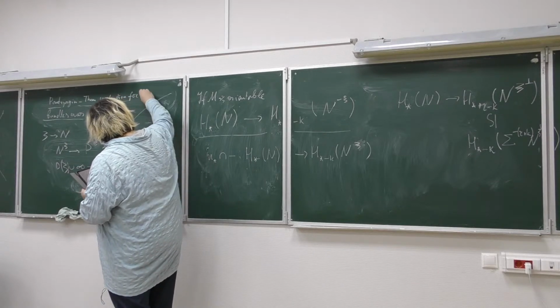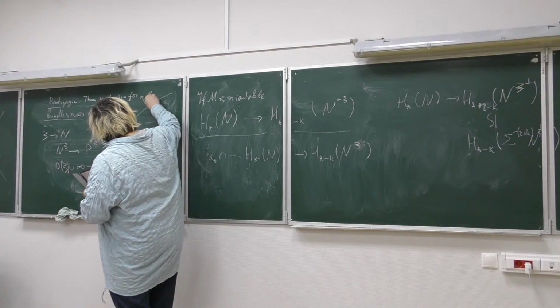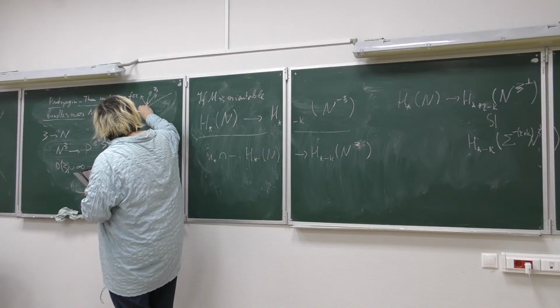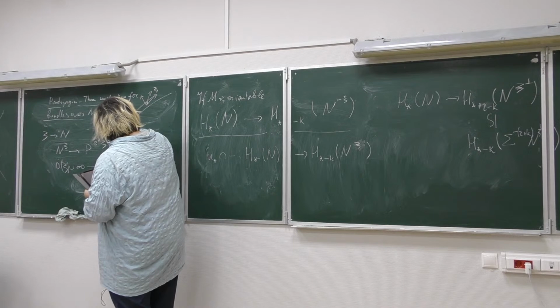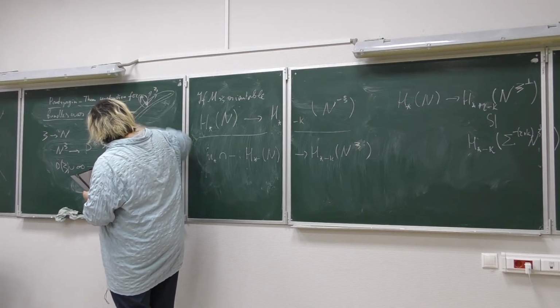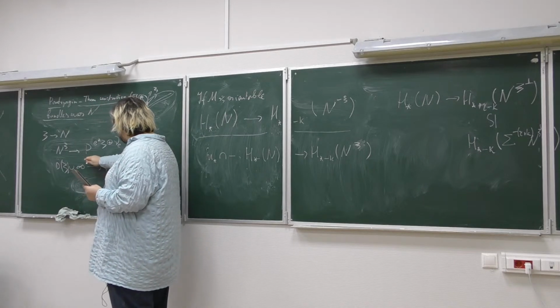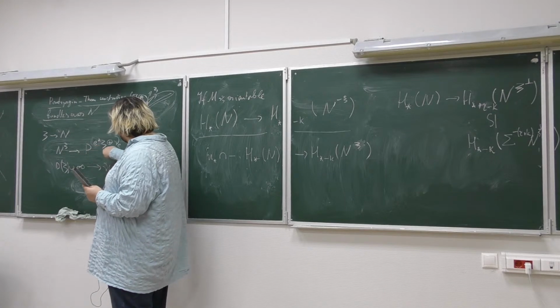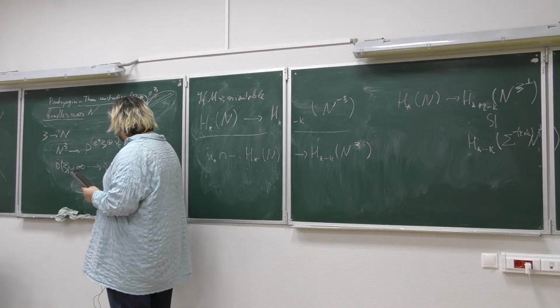We have this bundle zeta. We have the part which is over P, and we have the normal direction. So they add up and give us the Thom space of this sum of two vector bundles over P.